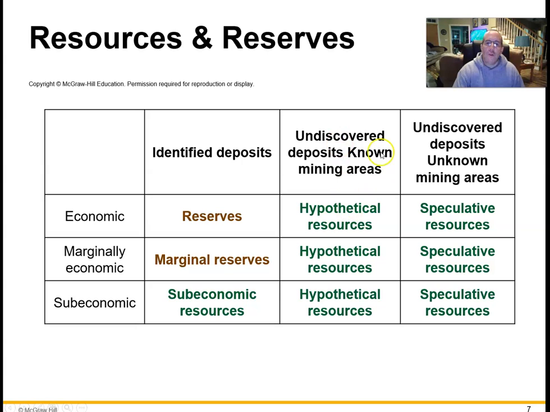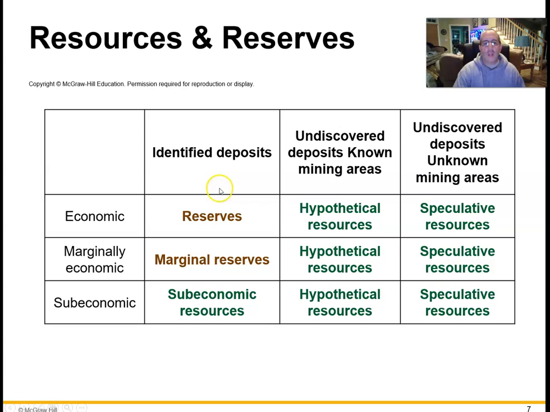So then you jump over to these columns and you see they both start with undiscovered. So that means the geologists speculate that they're there, or they think they're there, but they haven't really tested yet to know that they're really there. And what differentiates these two columns is first of all, you see they're called resources instead of reserves.